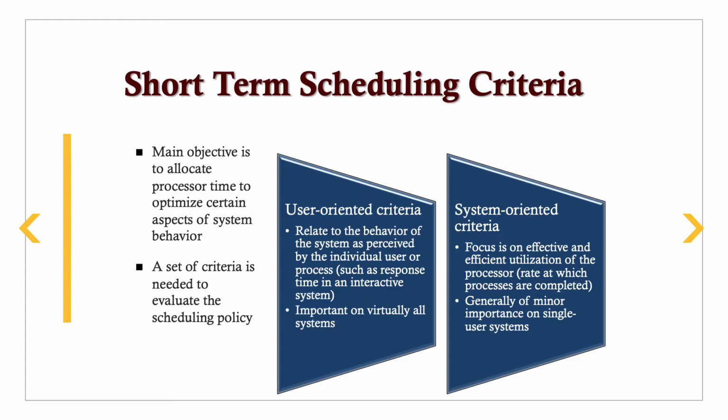If we've got a server out there doing a whole bunch of big computational jobs, I might not care about things appearing to progress, because I just dispatch a job to it and wait for some kind of signal that the job is done, but I don't have to sit there monitoring things or doing other things at the same time. Then I wouldn't have to care about user-oriented criteria. I just want to make sure that these big computational jobs get done as quickly as possible. So on that system, I might be looking at using system-oriented criteria instead.